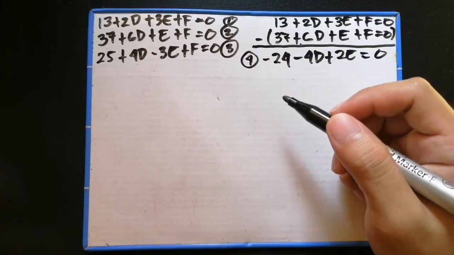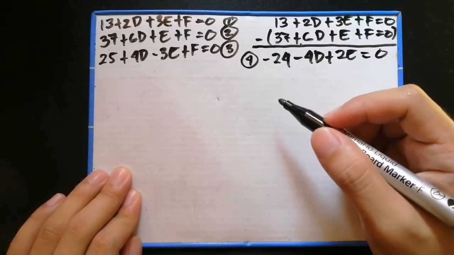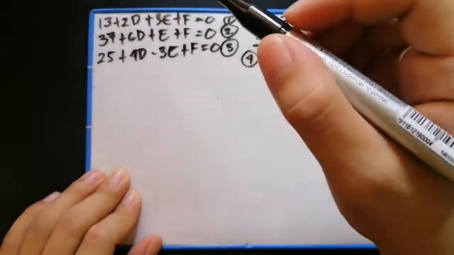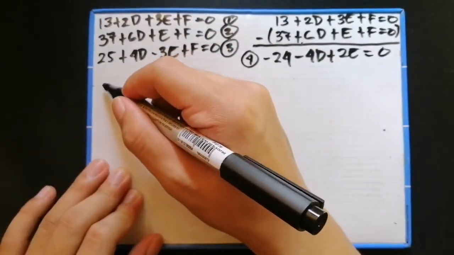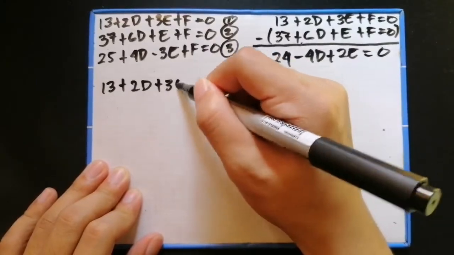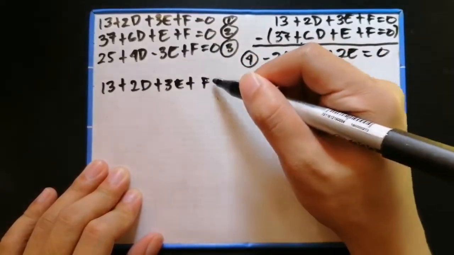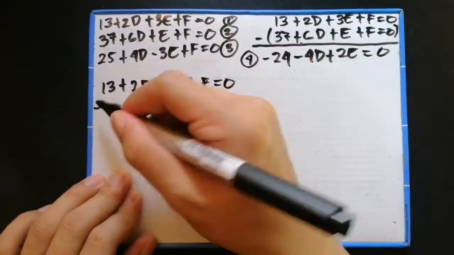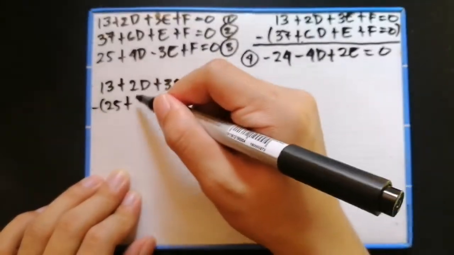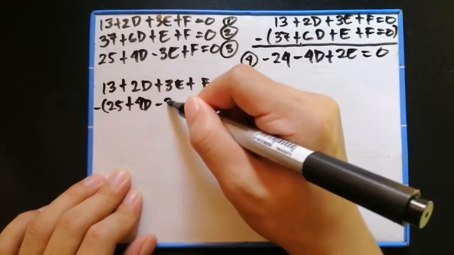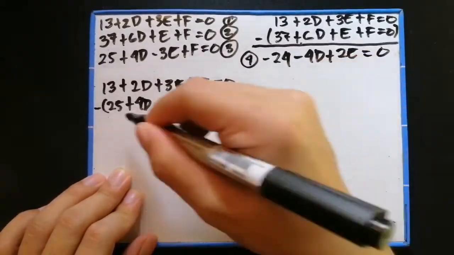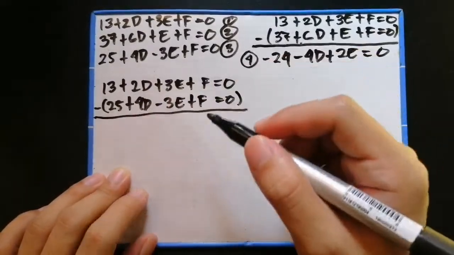Let's proceed to the next. We can now subtract equation 3 from equation 1. So, subtracting 3 from 1, 13 plus 2D plus 3E plus F is equal to 0 minus 25 plus 4D minus 3E plus F is equal to 0, to eliminate F again.